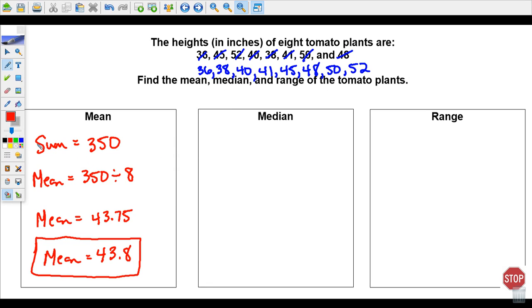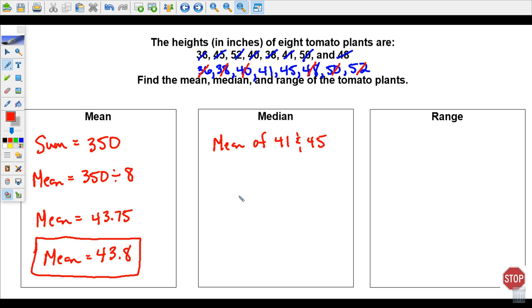And again, I just got to find the number in the middle. So I cross one off on each side until I get to the middle. And look, there's not one in the middle. There's actually 2 in the middle, 41 and 45. So the 2 in the middle are 41 and 45, which means I have to find the mean of 41 and 45.